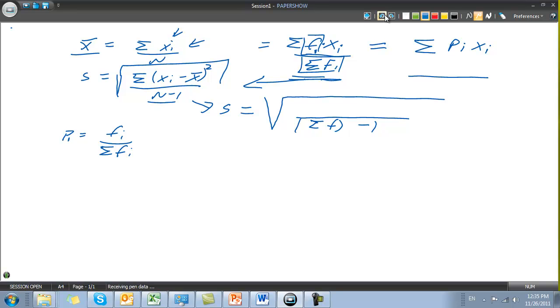And now let's look at the numerator. I still have my deviations, x of i minus x bar squared, and I'll have each one of those multiplied by the frequency of response. So given summarized data, I can calculate my sample standard deviation using this formula.